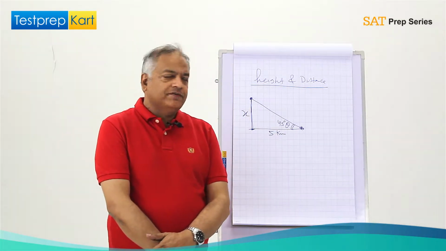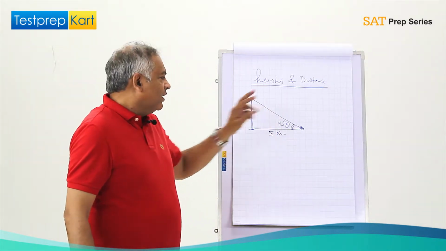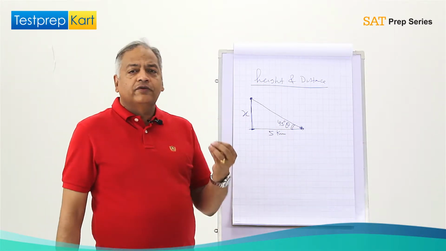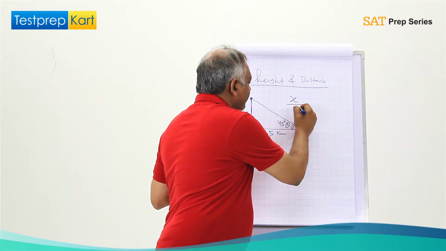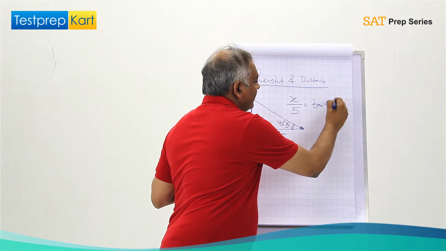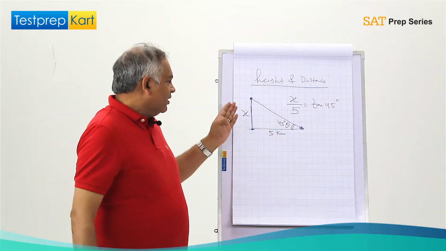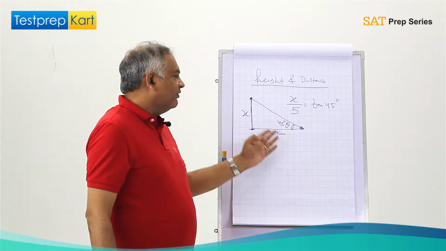Suppose the height is x. Now, this is x, this is 5 kilometers. According to the trigonometric ratio, tan theta, x divided by 5 is equal to tan 45 degrees, because this angle of elevation is 45 degrees.